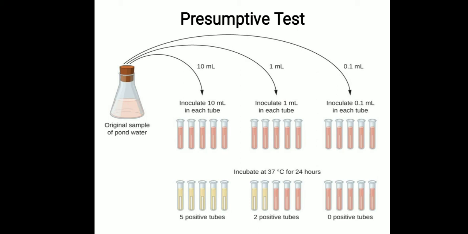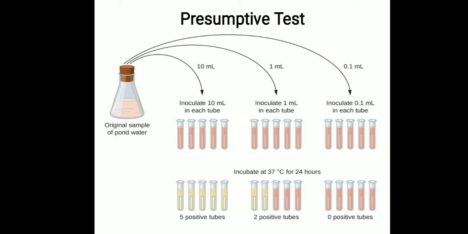After that we will check whether gas production is there and whether acid is produced or not. All these things you will see after the incubation period. In the first batch of 5 test tubes, all the tubes are positive, with acid production and gas produced.